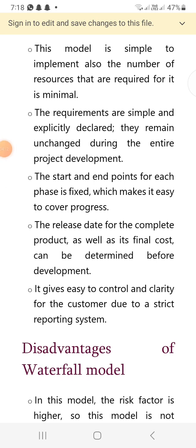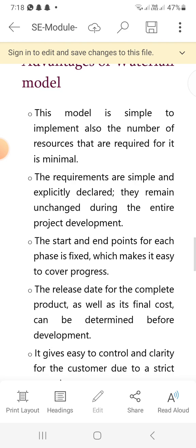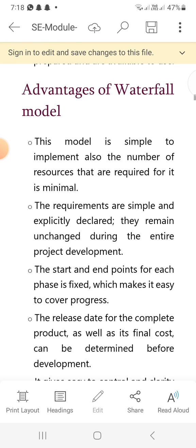The release date for the complete product as well as the final cost can be determined before development, and it gives easy control and clarity for the customer due to the strict report system. So these are a few steps which we discuss as the advantages of waterfall.